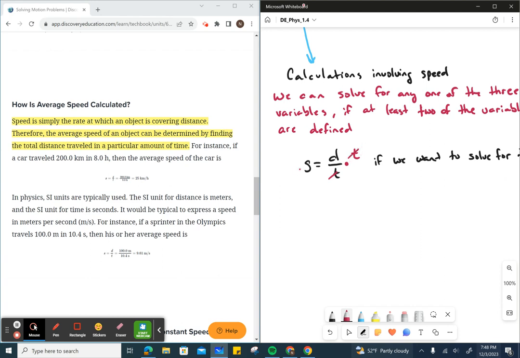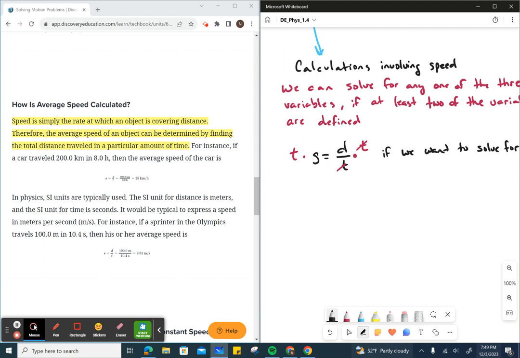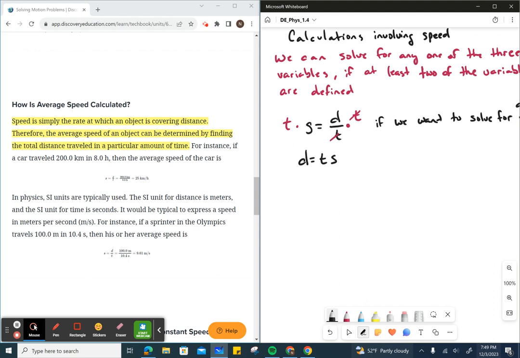What you do to one side, you do to the other. So now our formula is, oh, I messed that up. I actually solved for distance just now there. Okay, so if we want to solve for distance, so now our formula is distance equals time multiplied times speed.